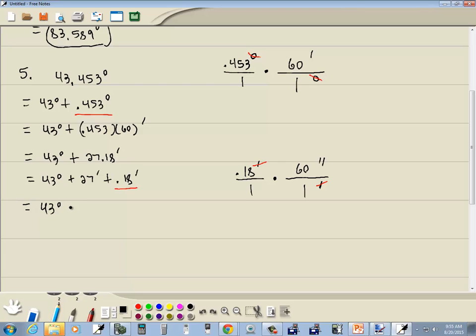So this would be 43 degrees plus 27 minutes plus, and then I'll take 0.18 times 60, and that's going to change that to seconds.